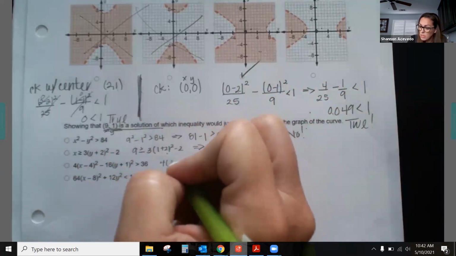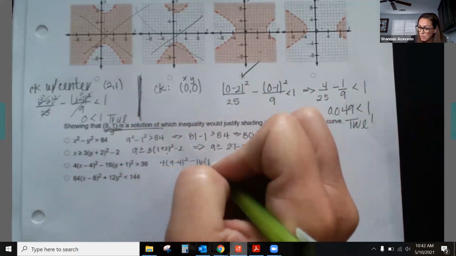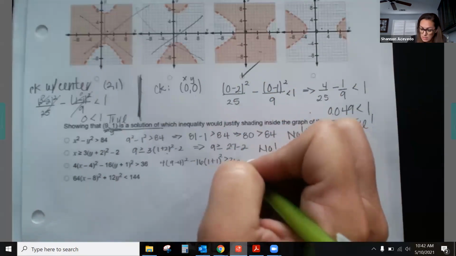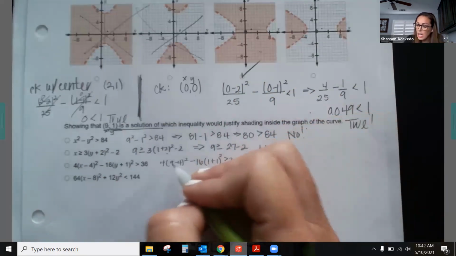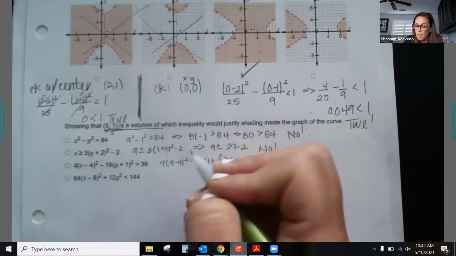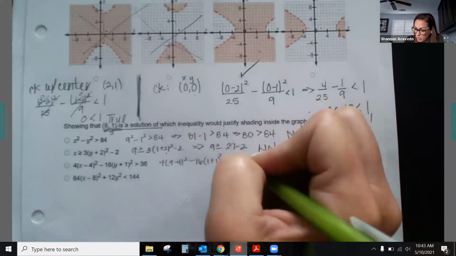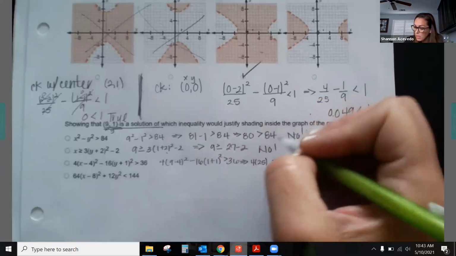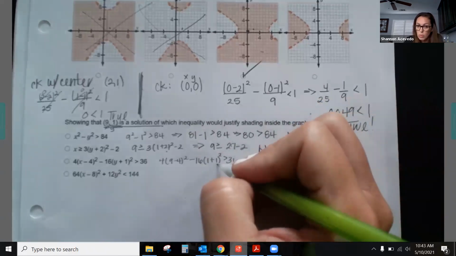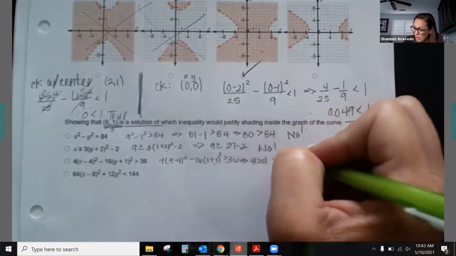My next one, I'm going to have 4 times 9 minus 4 squared minus 16 times 1 plus 1 squared, is that greater than 36? 9 minus 4 is 5, 5 squared is 25, so 4 times 25, minus, 1 plus 1 is 2, 2 squared is 4, so it's going to be 16 times 4.